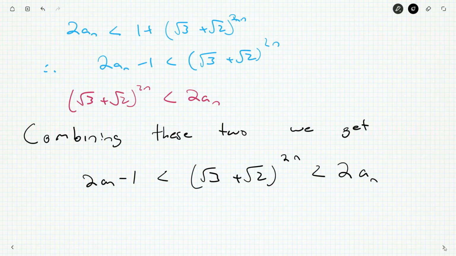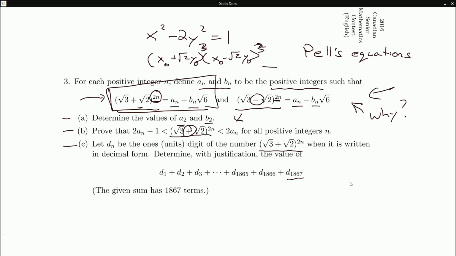Okay. Now, I'm fairly certain we're going to have to use this fact in C part. And C part is talking about the ones digits.